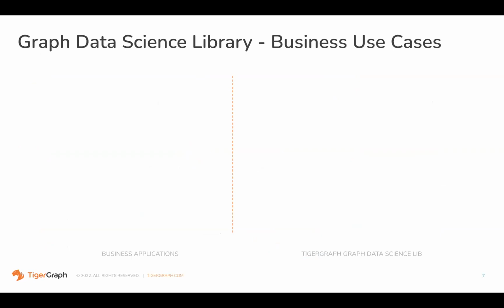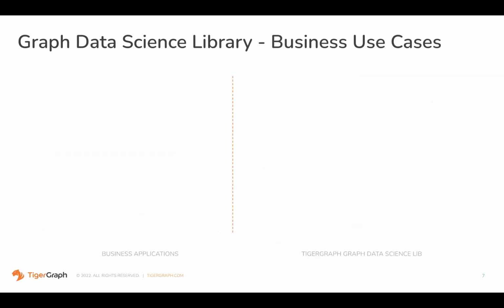So now, with these 50 plus open source graph algorithms in our library, the next set of questions naturally would be, what can we do with them? Victor did a thorough walkthrough in the previous webinar session. We would strongly recommend you check it out if you haven't.